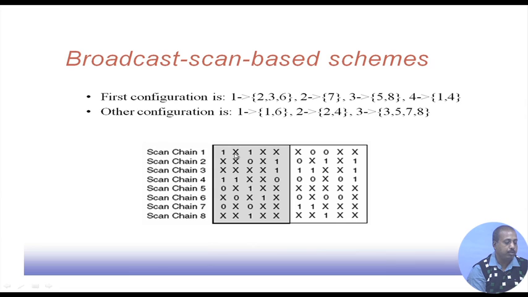Look at column 1 and column 2: this is 1 and this is x, this is x, they are all similar; this is x and this is 0, so I can put a 0 here. That way these columns 1 and 2 are compatible.